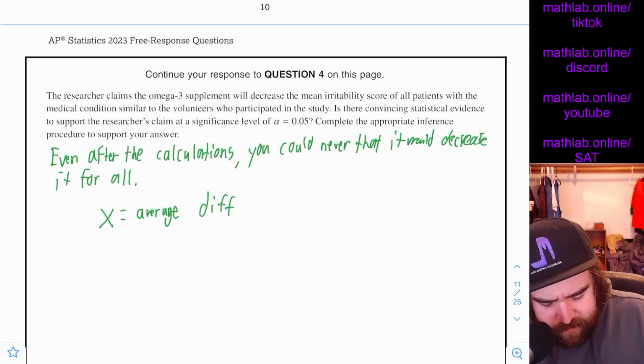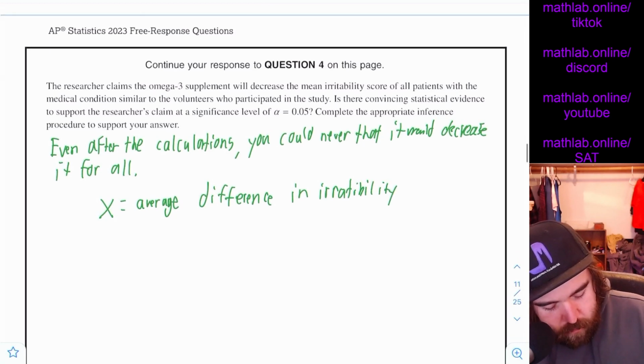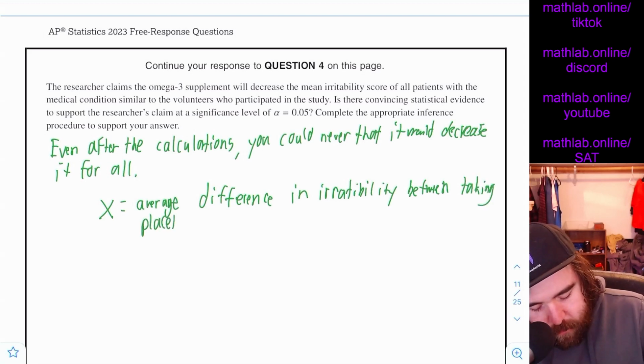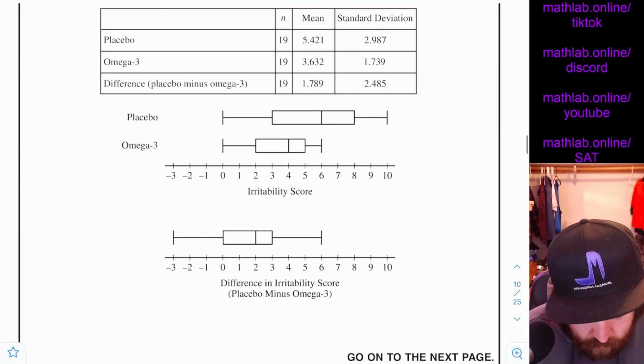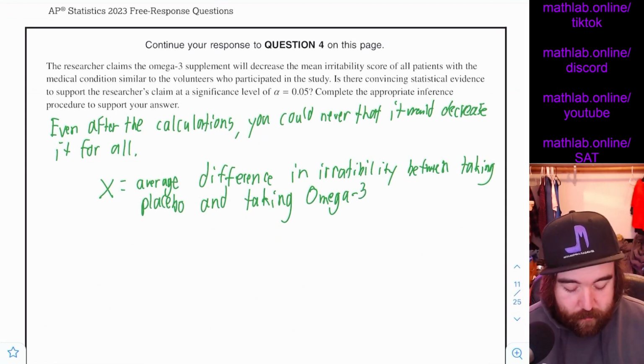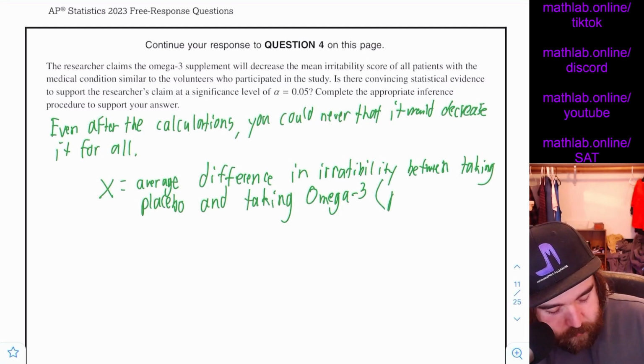I'll just say exactly what it is. Difference in irritability between taking placebo and taking omega-3. Average difference in irritability between taking placebo and omega-3, parentheses, placebo minus omega-3.